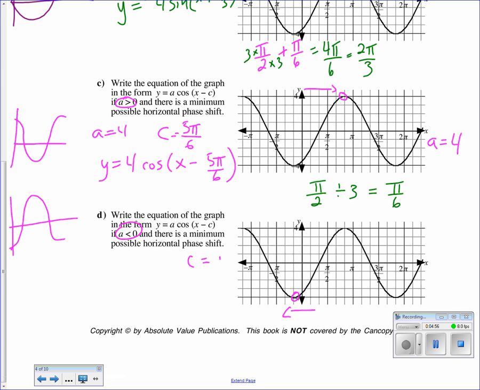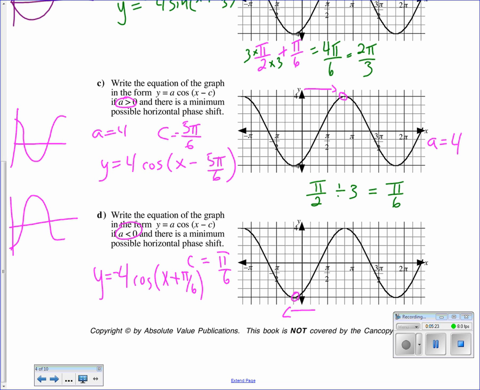So my c value is associated with what one division is worth, pi over 6. My amplitude is still 4, so that's nice, but it's minus 4 because it's flipped. Cosine, and then I've shifted towards the left, which means my c value is actually a plus. So y equals minus 4 cosine x plus pi over 6.